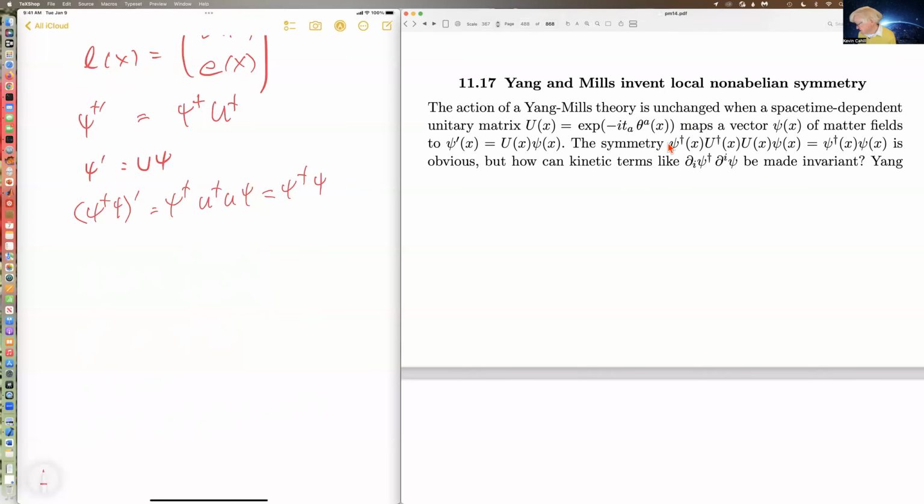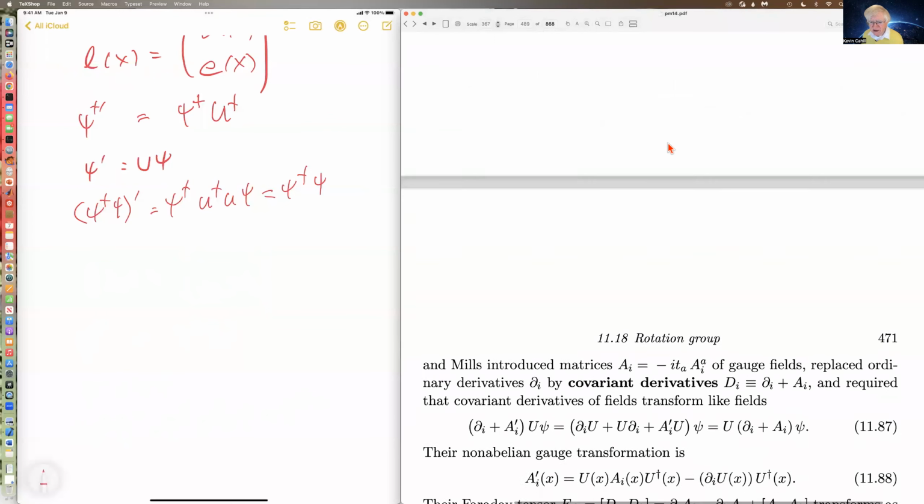But it had already been solved in the 19th century for the case of abelian groups, although it wasn't quite recognized as being that.